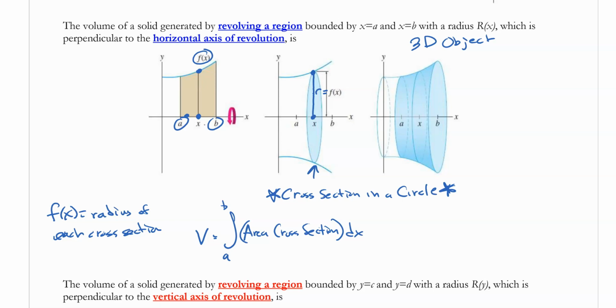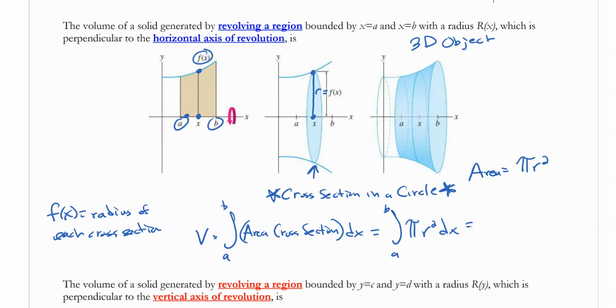If I could figure out the area of one cross-section, and I integrate that from a to b, I'm going to get the volume of my object. Now, we know that the area of a circle equals pi r squared. So we have the integral from a to b of pi r squared dx, because the cross-section, again, is a circle.